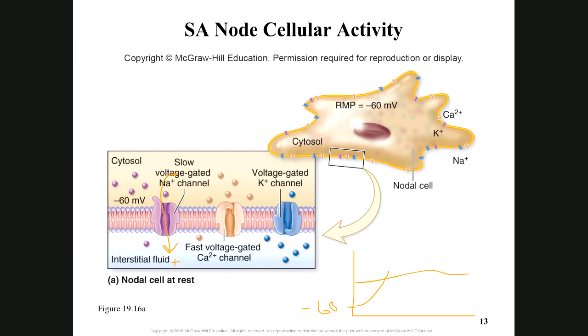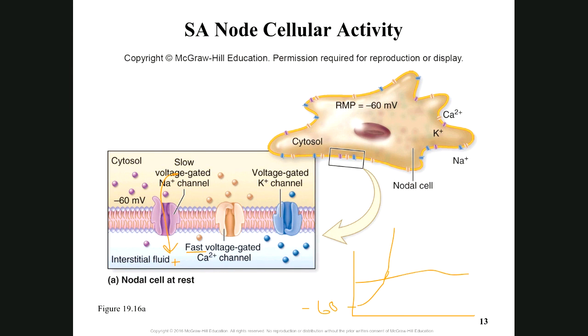then the calcium channels become open, and calcium ion come to our cell very quick. Because of this quick entrance of calcium ion, we call it fast voltage-gated calcium channels. Calcium ion come to our cell, and our cell goes to depolarization.